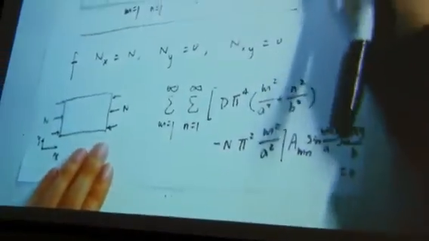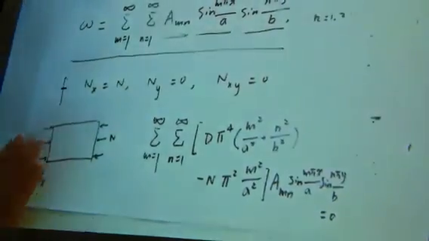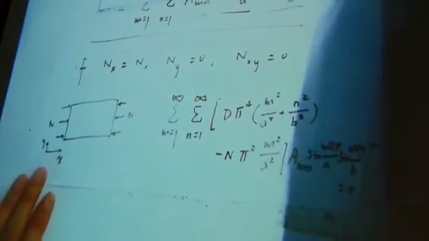This equation is just from substituting the function W into that governing equation. Okay? And you end up with this equation. You don't have to know the detailed procedure because I'm not going to test it. It's very tedious.